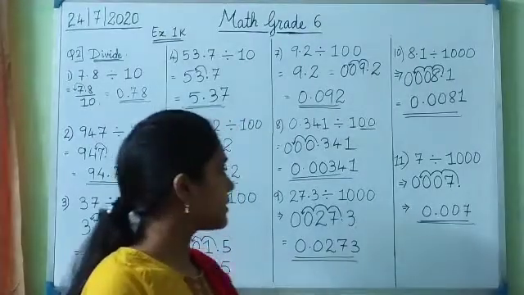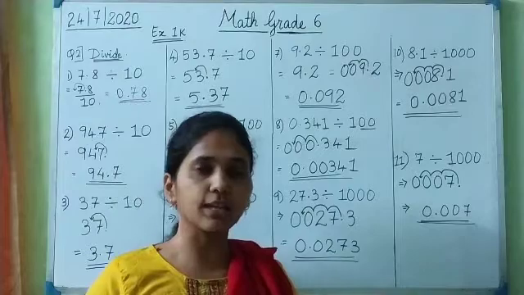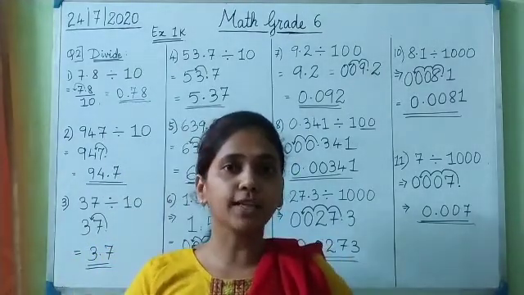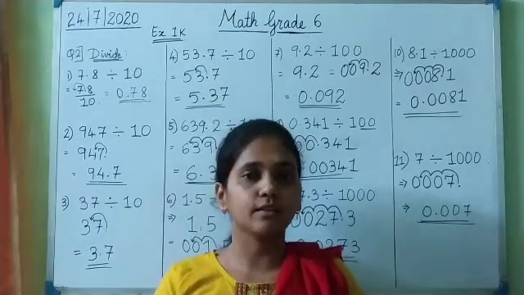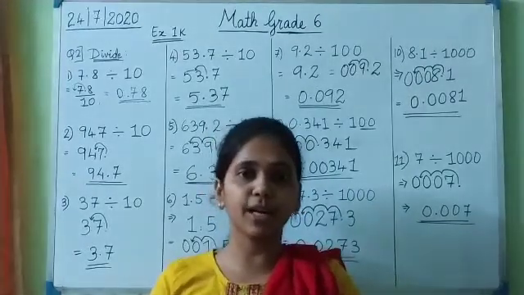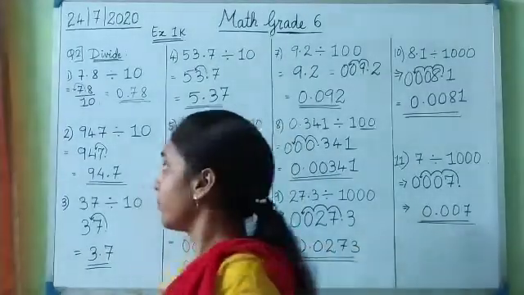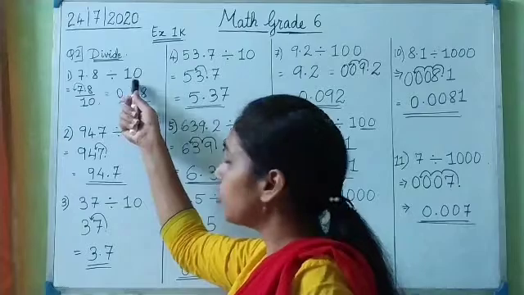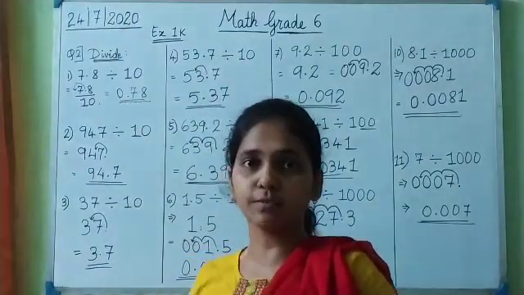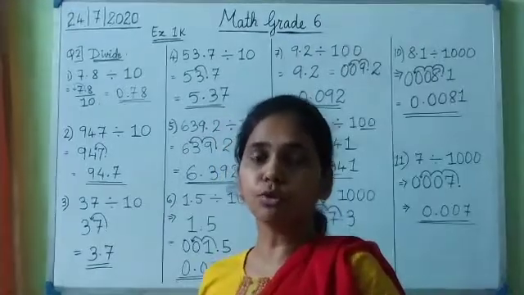Okay. So all these sums which we did today and also in our previous class are very simple. We only have to not get confused whether the decimal numbers are divided or multiplied by 10, 100 or 1000. We don't have to practically do the division. We just have to shift the decimal points. If the numbers are divided by 10 or 100 or 1000, there is no need to do the division.